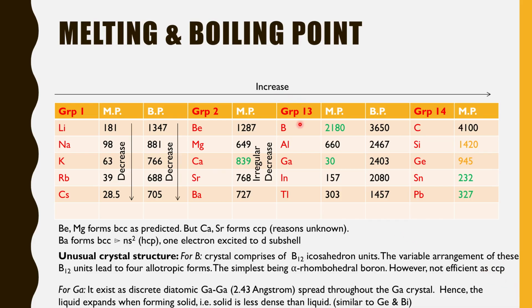As I told you, these elements should theoretically form a CCP kind of packing because of the availability of 3 unpaired electrons. But boron, being a little bit electron deficient and having a high ionization energy, prefers to form these B12 icosahedron units, which are arranged in different ways, giving rise to 4 allotropic forms. And the simplest one is the alpha rhombohedral form.